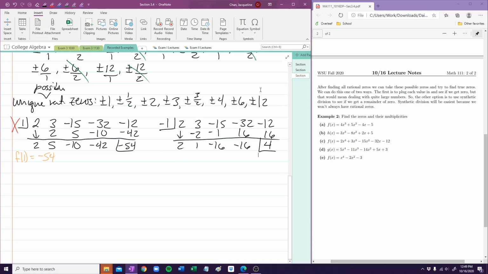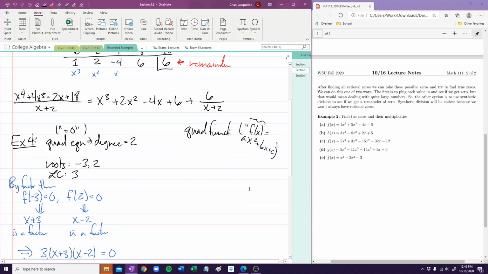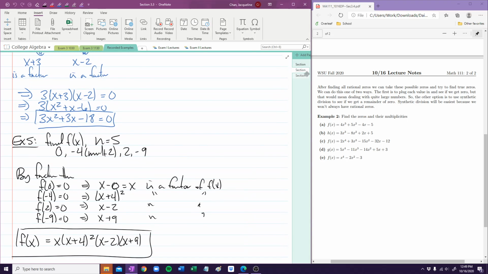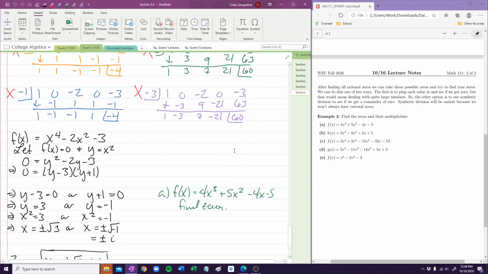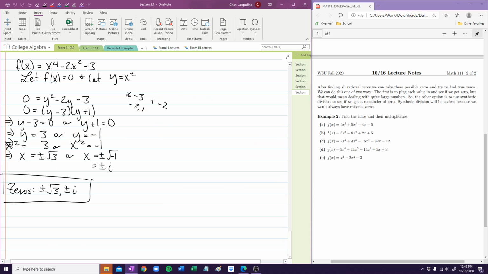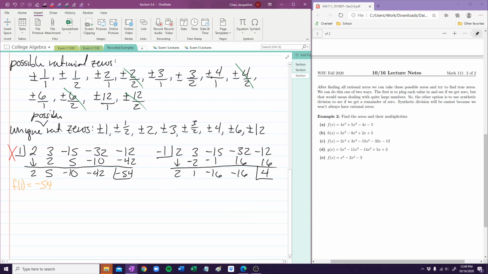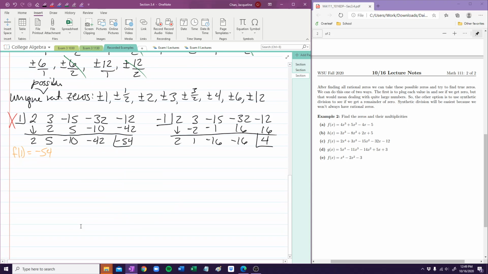I want to emphasize that in the examples we did, like 3 and negative 3 and then 1 and negative 1, it just so happened that our remainders were the same, but it doesn't mean that it will be. Just because 1 wasn't a 0 doesn't necessarily mean that negative 1 wasn't a 0. So you still try it out.